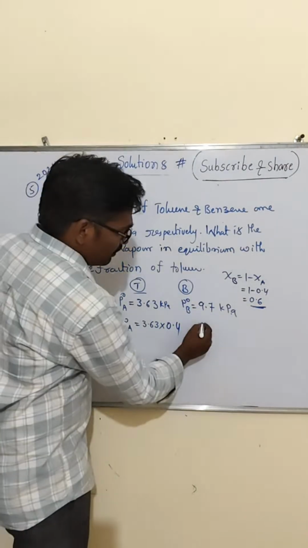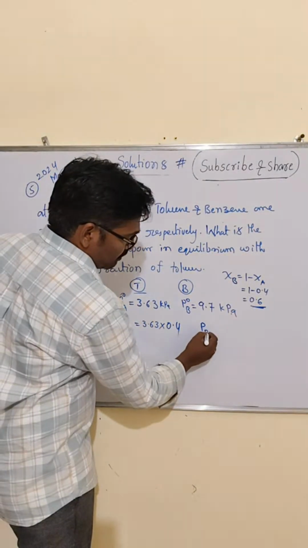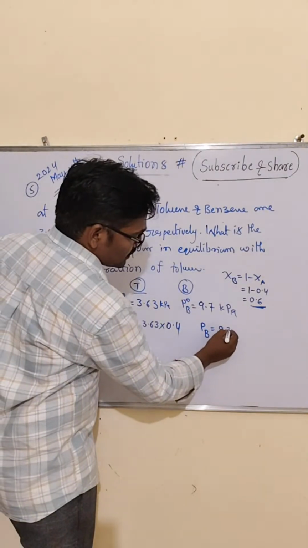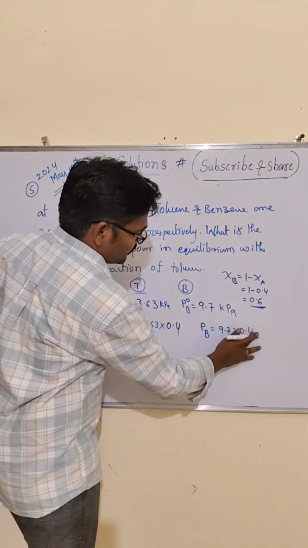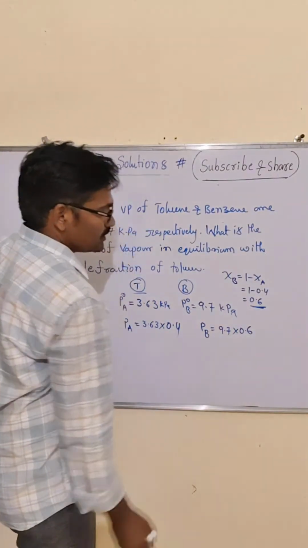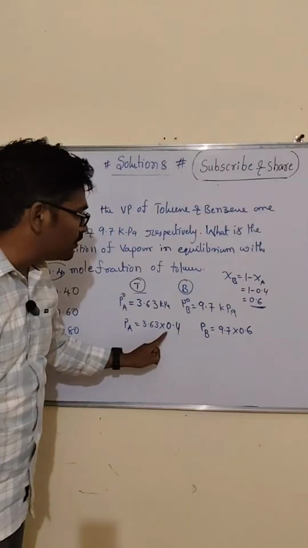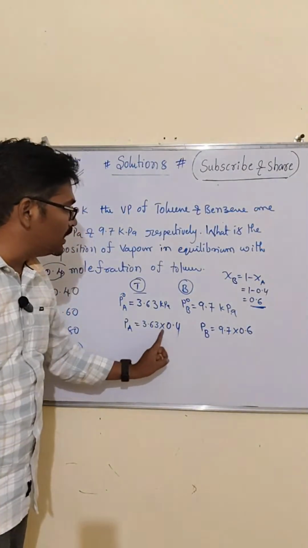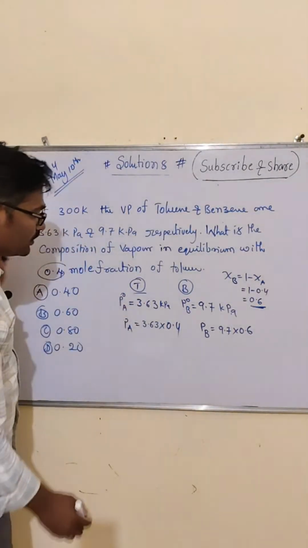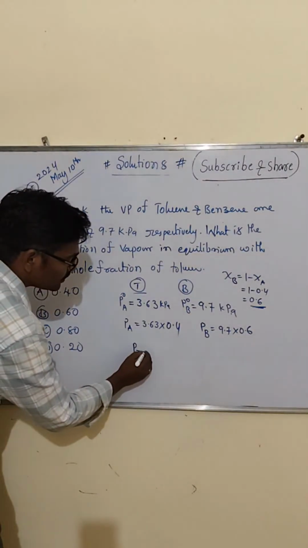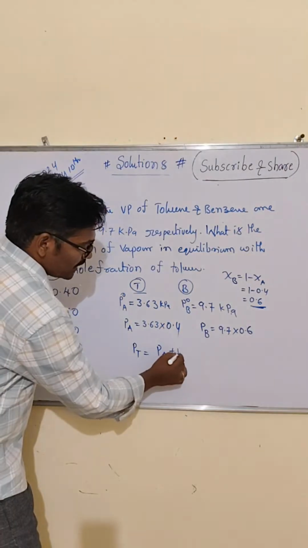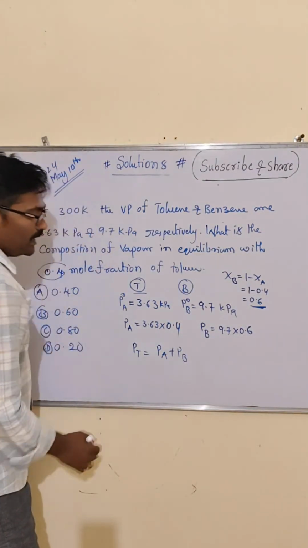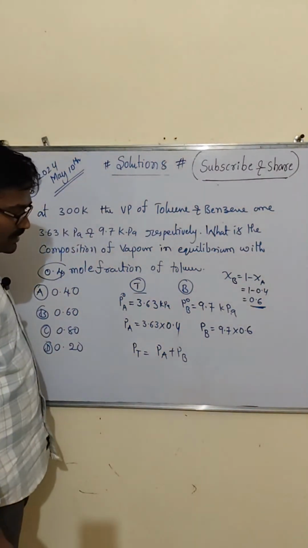Then P B is 9.7 into 0.6. When both are multiplied by their mole fractions, we get PA and PB. Then based on that we can calculate P total, which is PA plus PB.